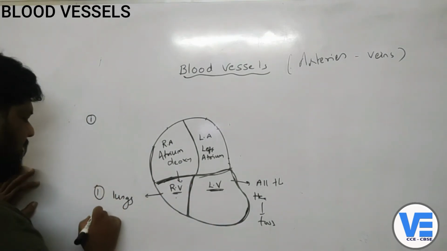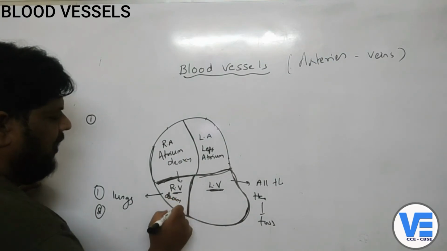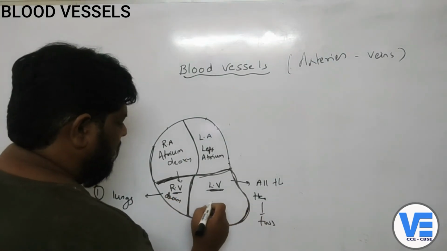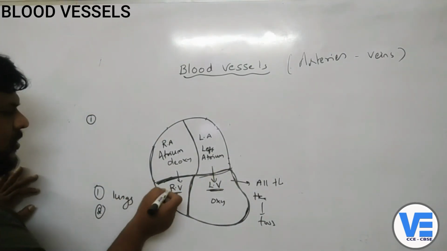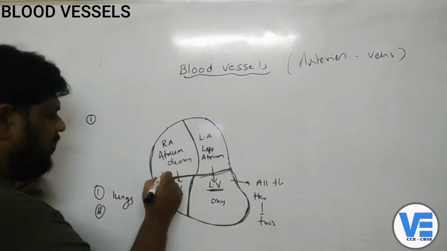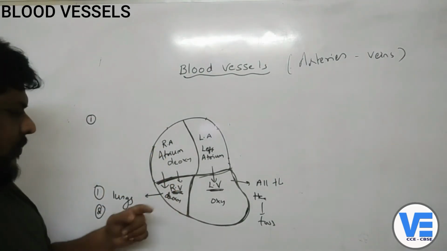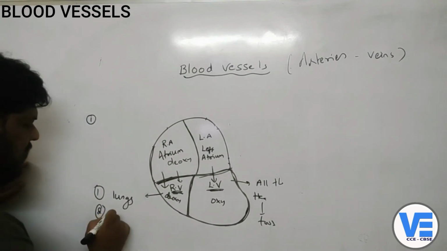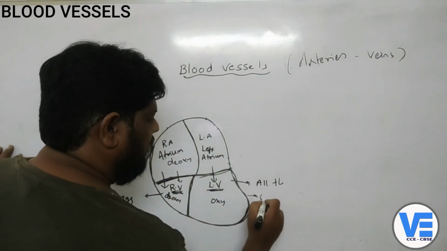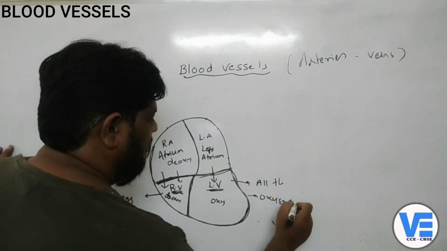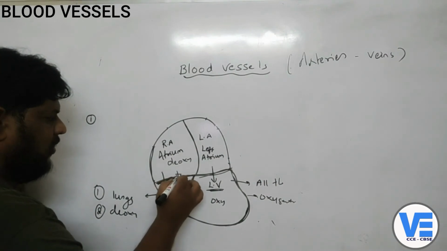That's the first thing. The second thing is that the right ventricle receives the deoxygenated blood from the right auricle, and the left ventricle receives the oxygenated blood from the left auricle. Now the third difference: the right ventricle receives the blood with the help of the tricuspid valve.